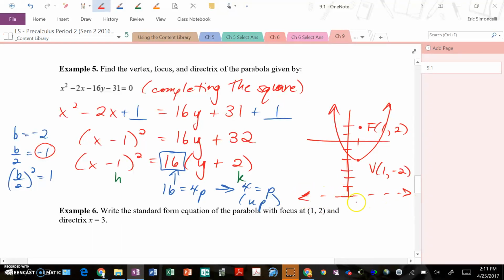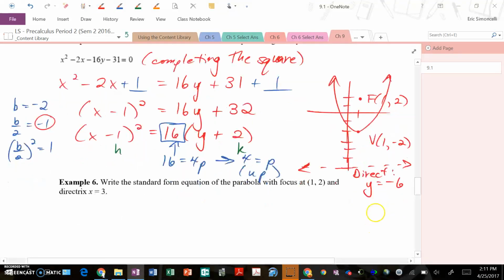And that directrix equation is y equals, and again I went 4 down from already negative 2, so that should be y equals negative 6. So those are all the pieces to what I need to find in this particular case. Again, I had to complete the square to get that standard form and then make our assessments from there. The picture really does help, so please try to stay in line with doing that on most of these questions.